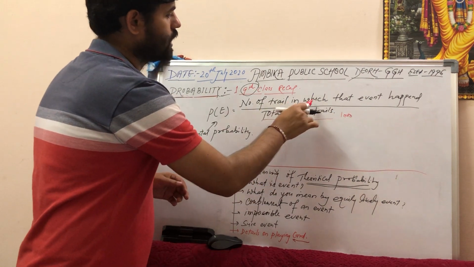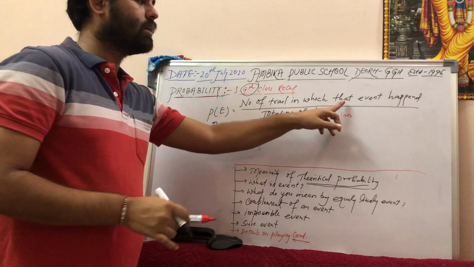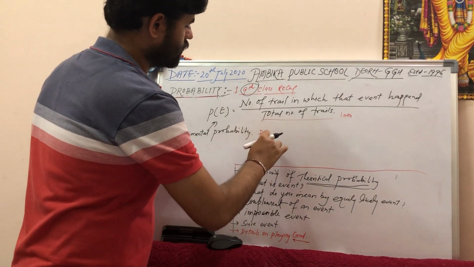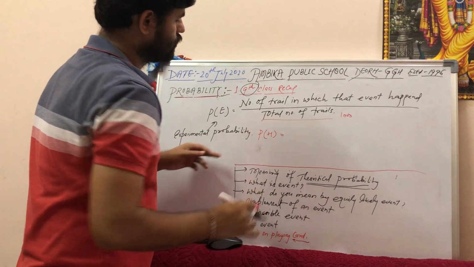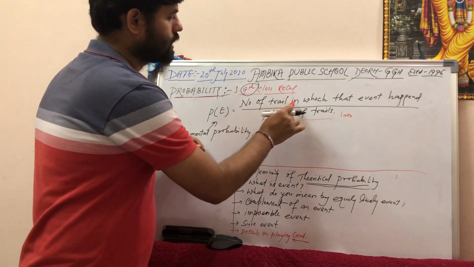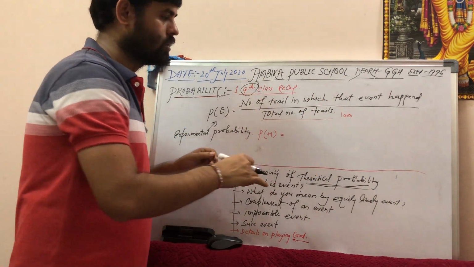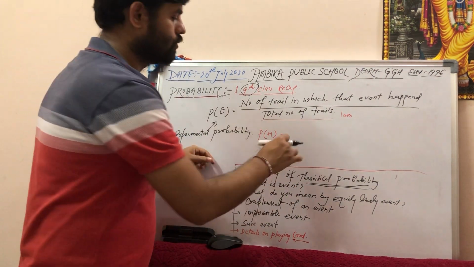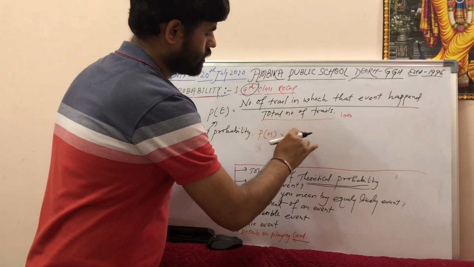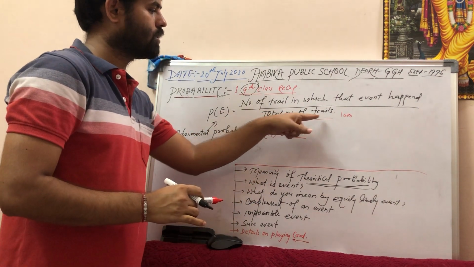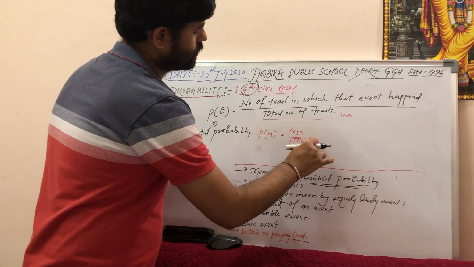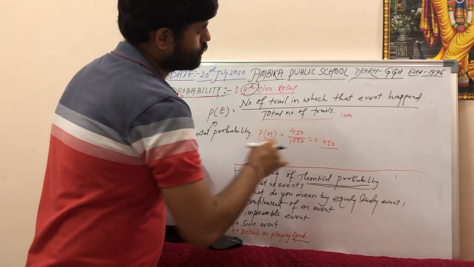And that event means, let us say you want to find the probability of head, then the number of trials in which head happened was 450. Total number of trials is 1000. So that is why we were able to find 0.450 as the probability.